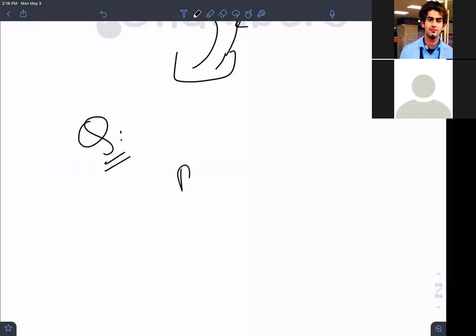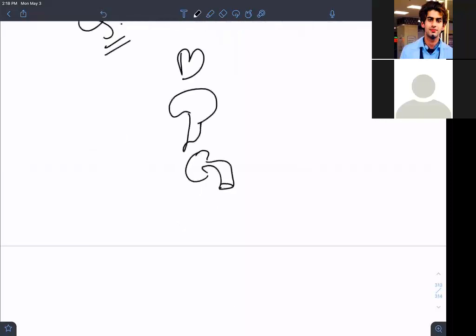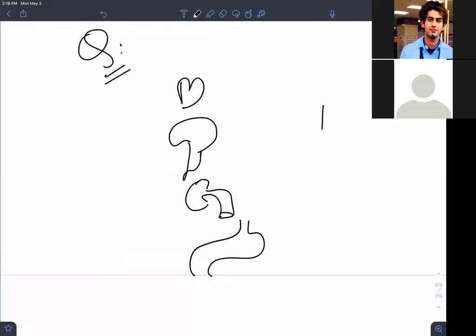Heart, brain, kidney, GIT, lungs. Five options. Listen to the question first. Who is having the strongest autoregulation?